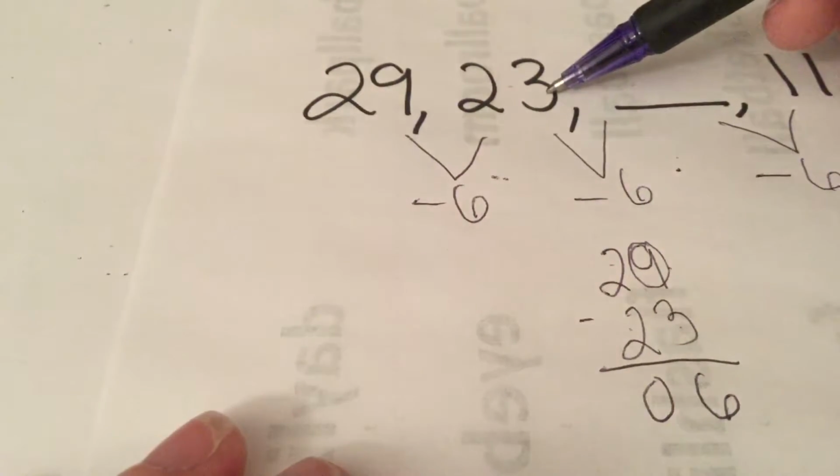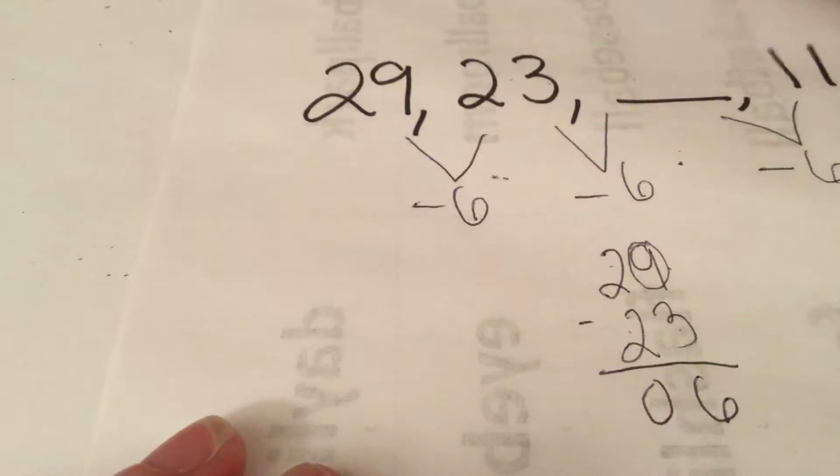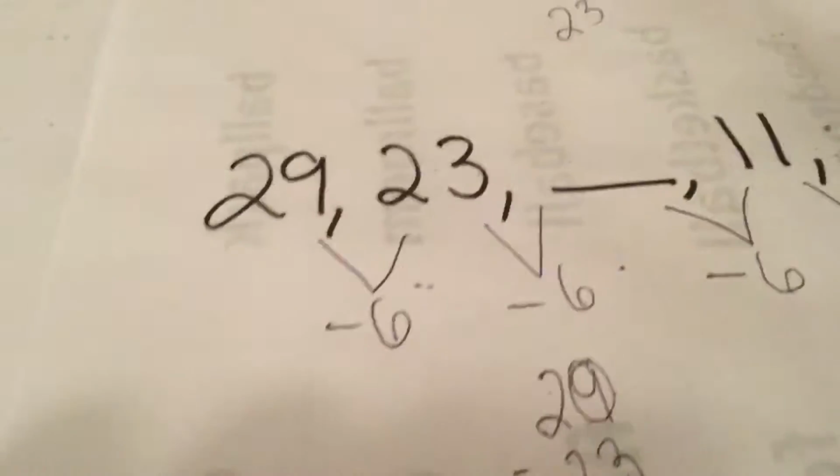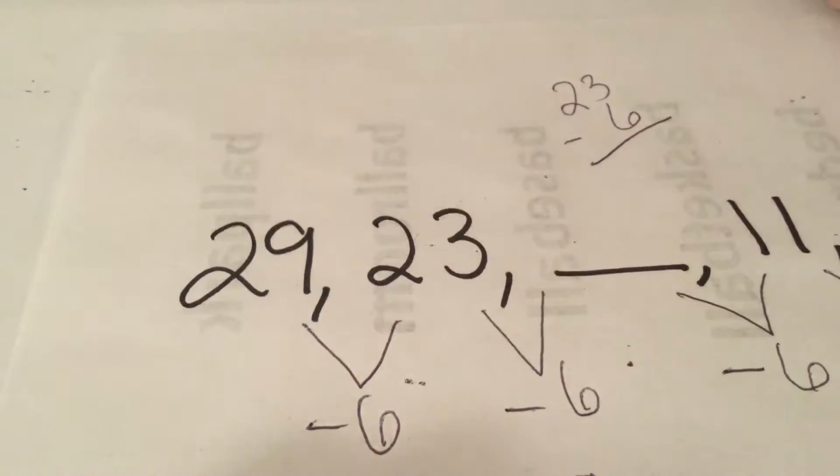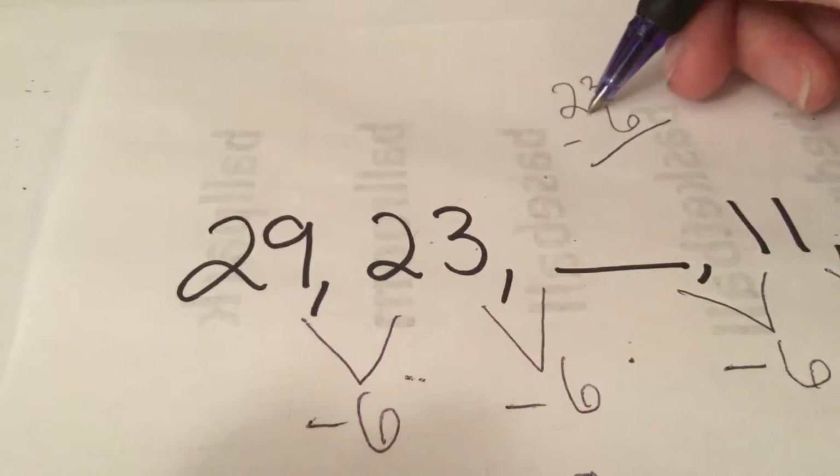So our pattern must be minus 6. In order to fill in the blank here, I'm going to do 23 minus 6. And you can't see that. Let me move that up. I'm sorry. 23 minus 6. I'm going to circle where my bigger number is.